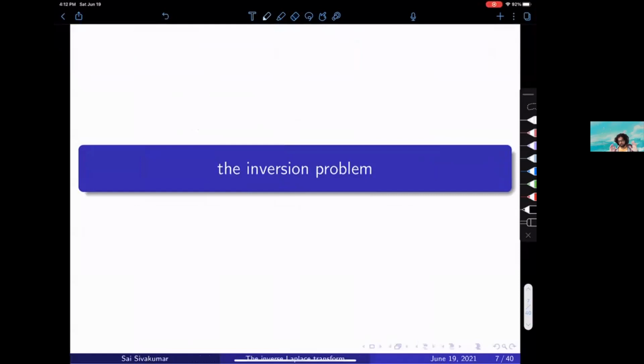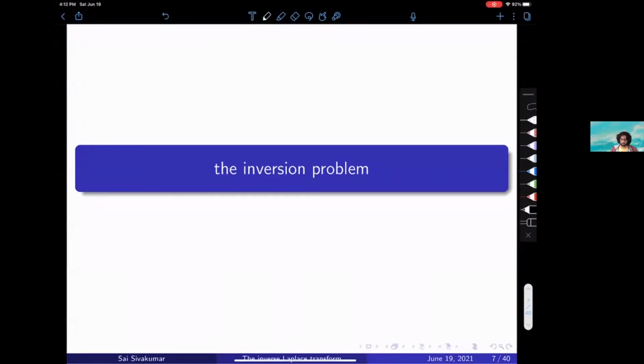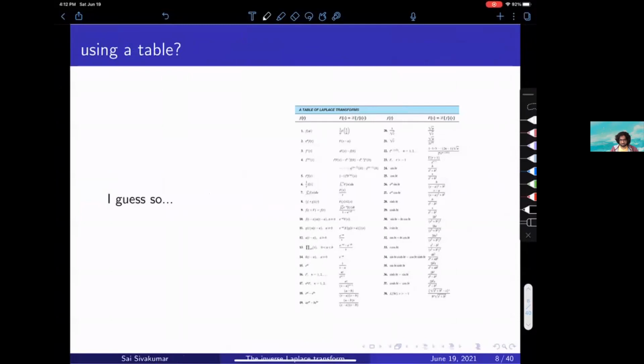Okay, so now we get into trying to compute an inverse instead of guessing. We know how to go one way, and we want to know how to go the other way. Using a table, I guess, but the whole point is that I'm going to show you the table is legit for the most part.